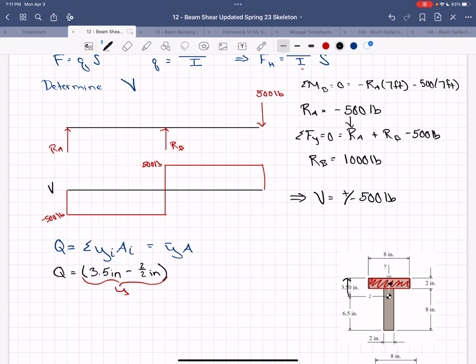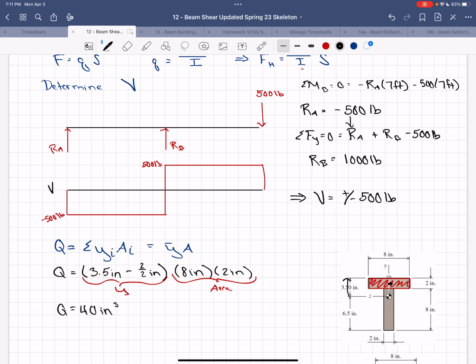Then we take it times the area, so that's 8 inches times 2 inches. And when we calculate that, we get Q equals 40 inches cubed.